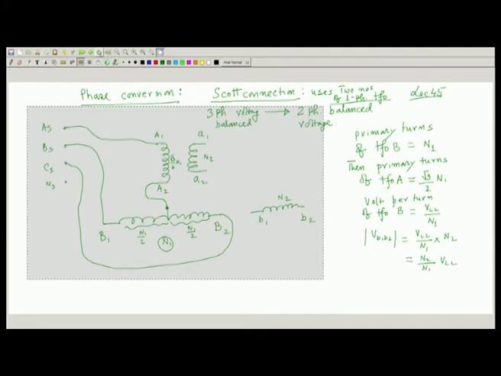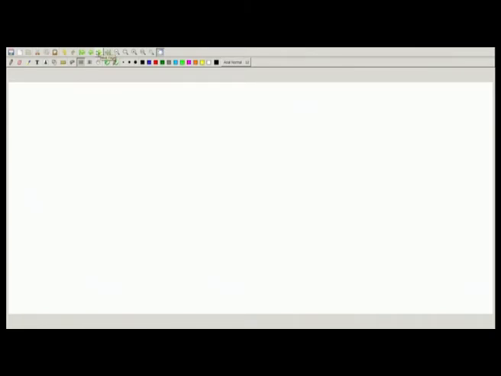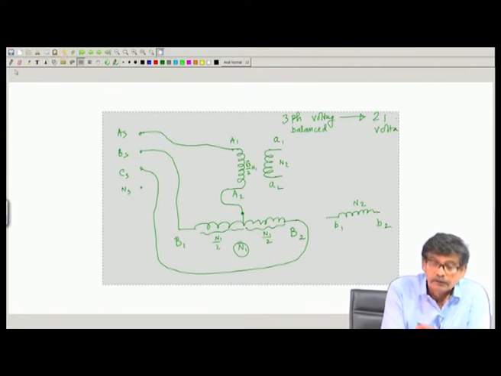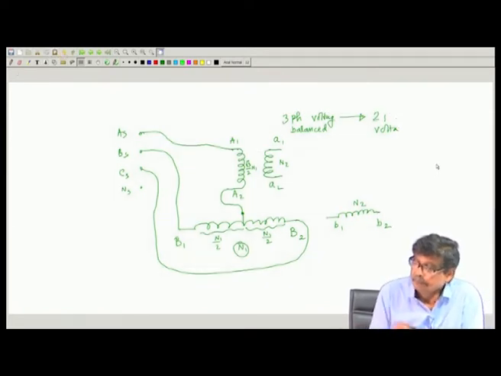Copy, and I go to the next page and paste it. Okay. So, that is the thing. Now, I will erase these things. So, this was the thing.